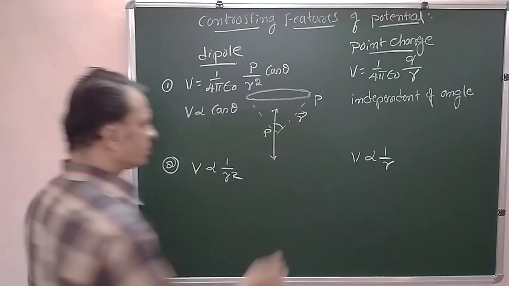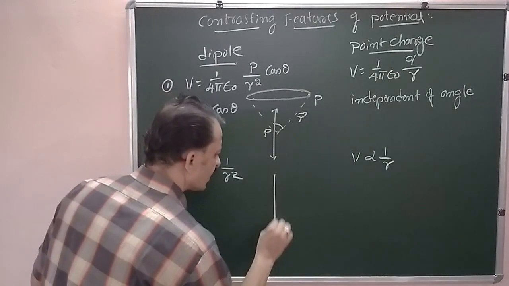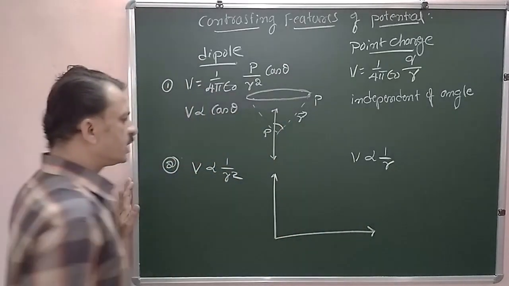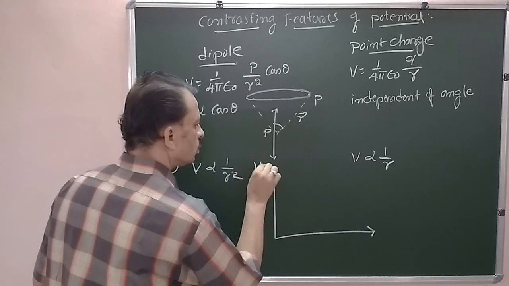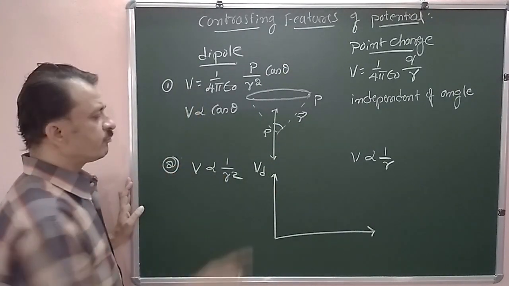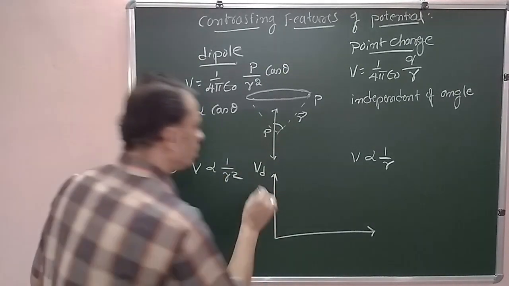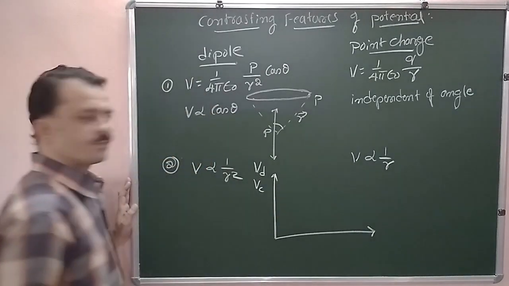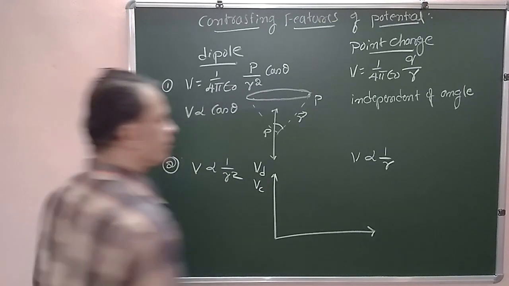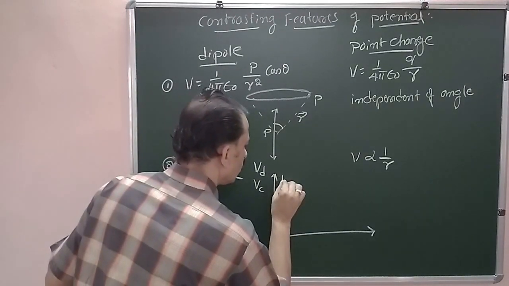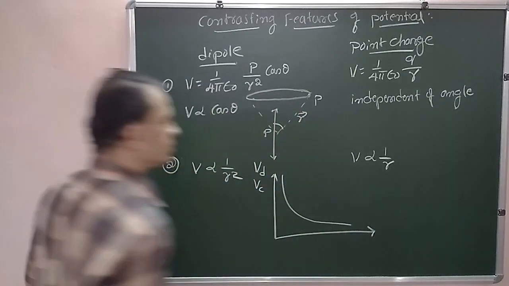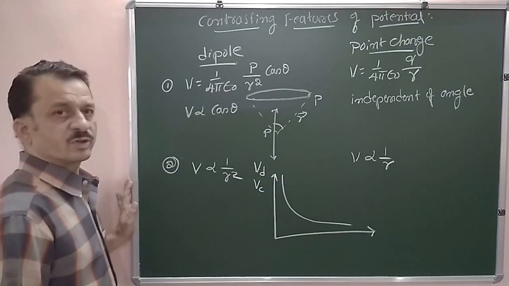We know the relation between those two. We can write the variation of potential due to a dipole, Vd, and the potential due to a charge like that. The solid curve represents the potential due to the charge.